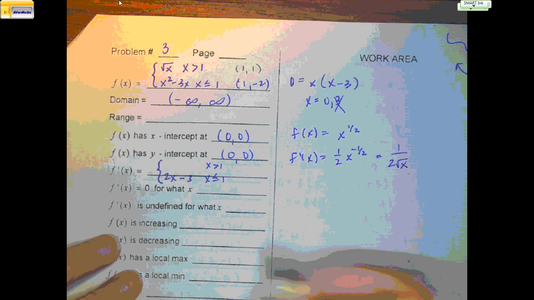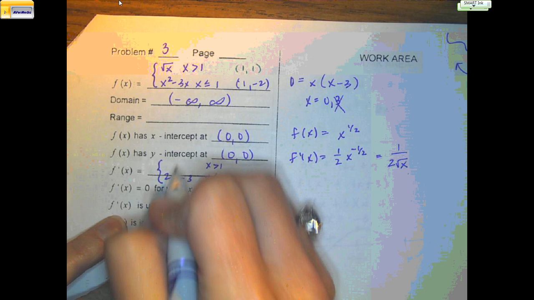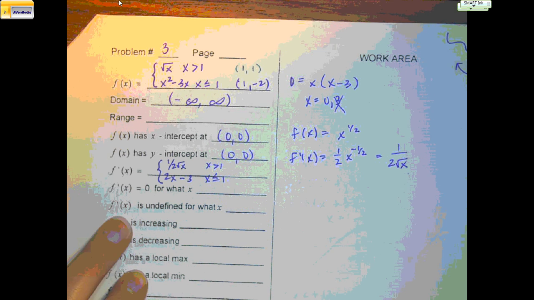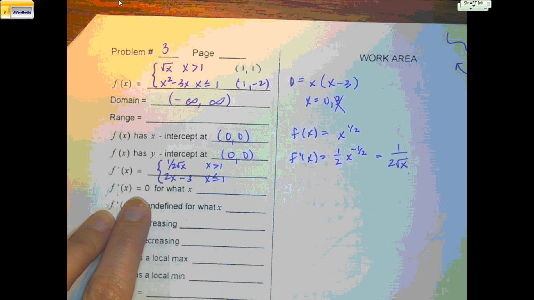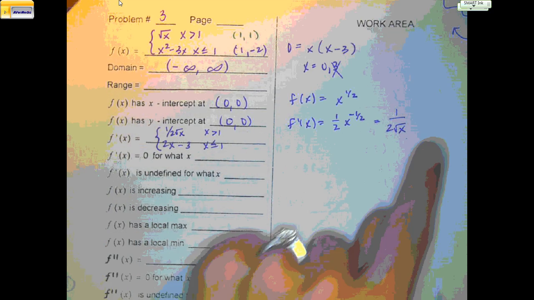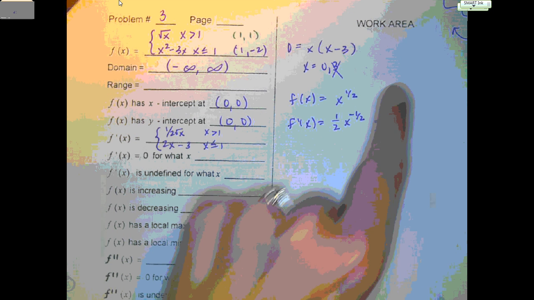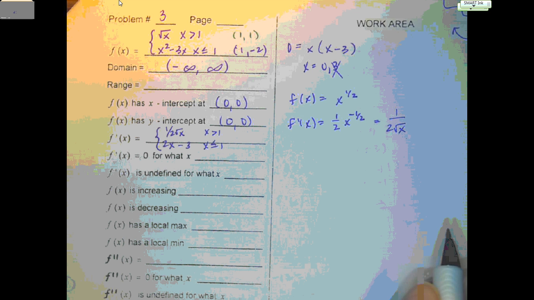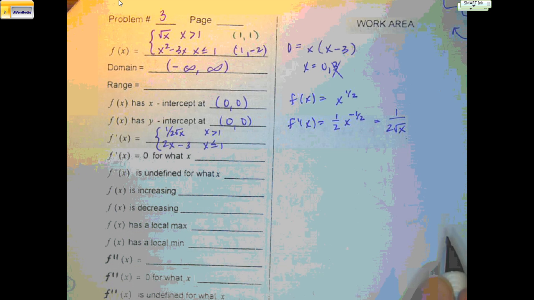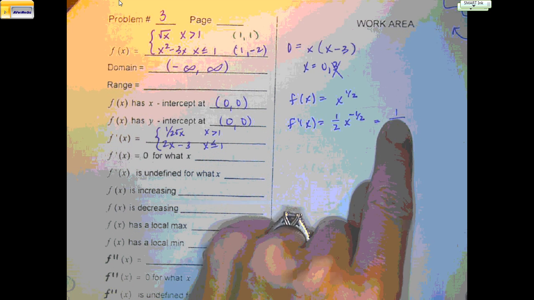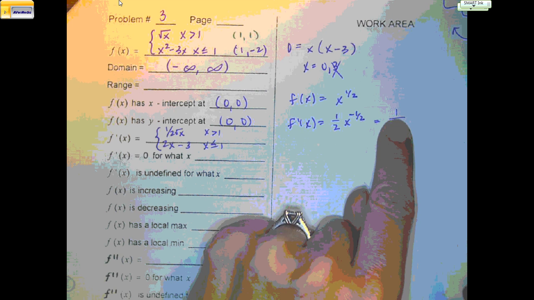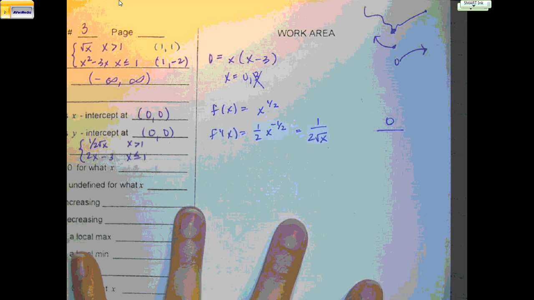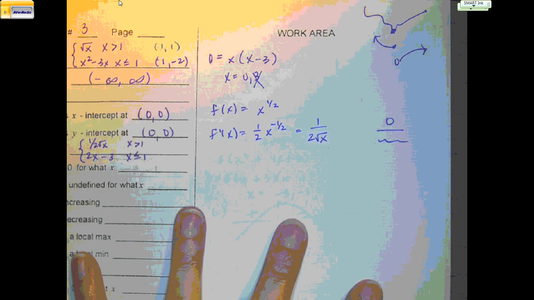If I set this equal to 0, is anything going to make that 0? If the top number is a 1, three halves is 1.5.